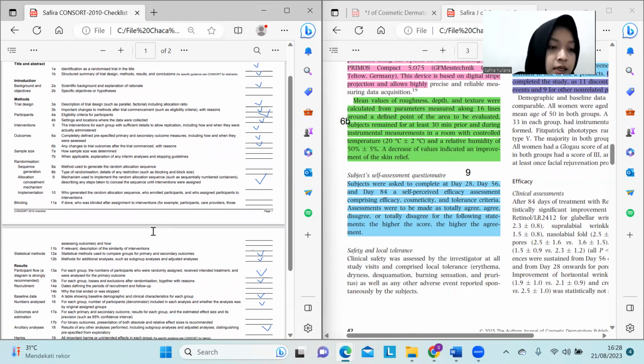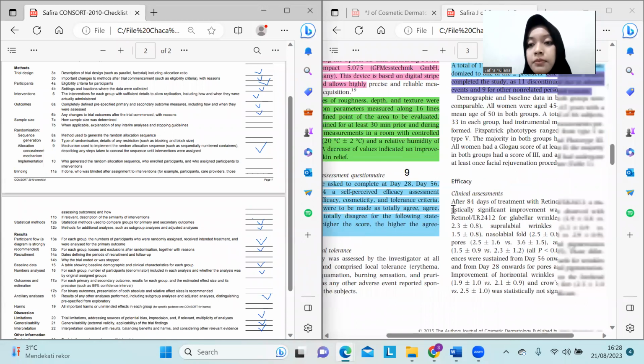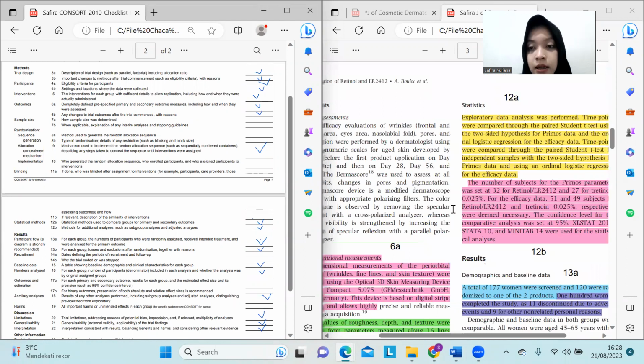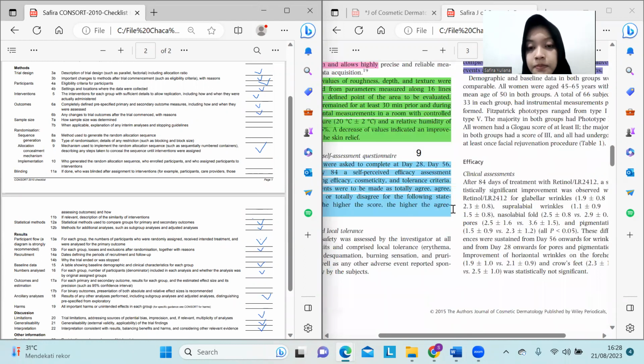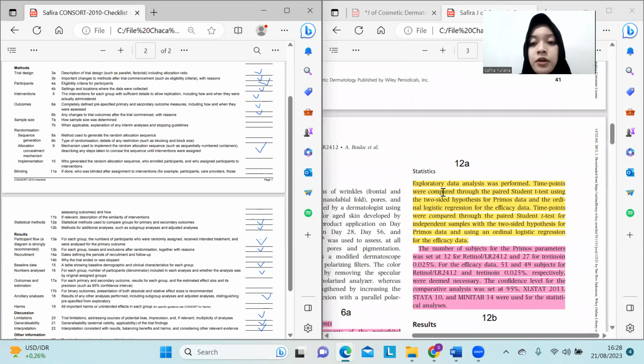And next, the statistical methods. Statistical methods number 11B, if relevant, description of similarity of interventions is not stated. And number 12A, statistical methods used to compare groups for primary and secondary outcomes. For 12A, the statistical exploratory data analysis was performed.